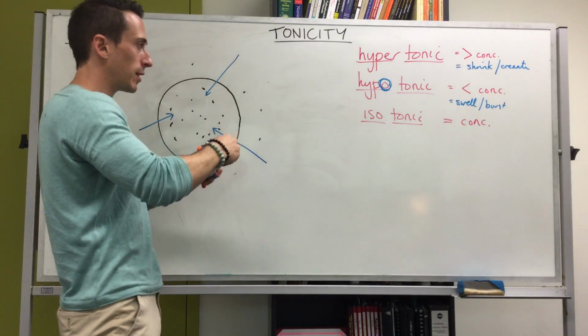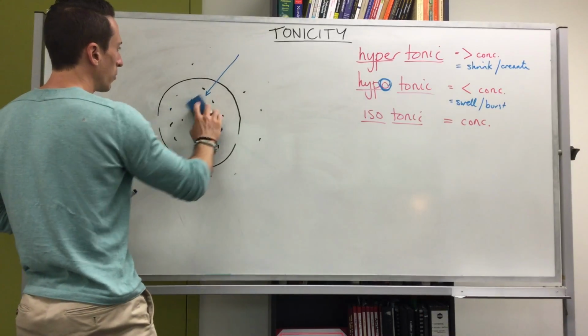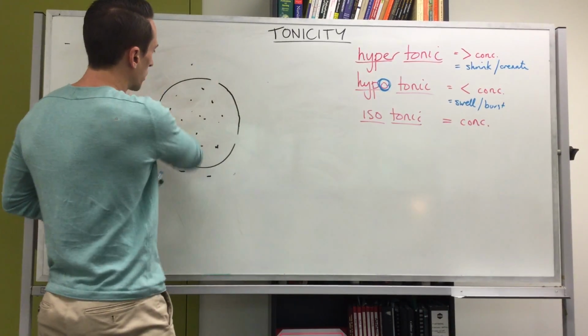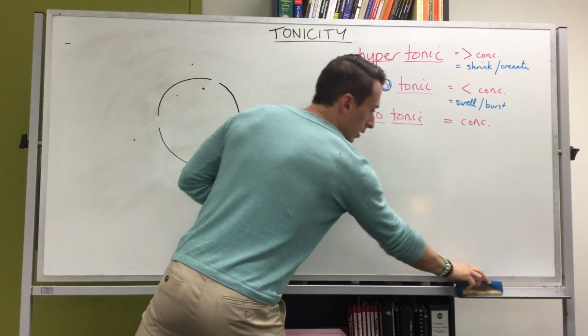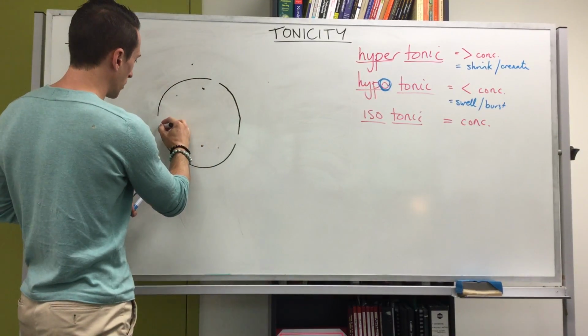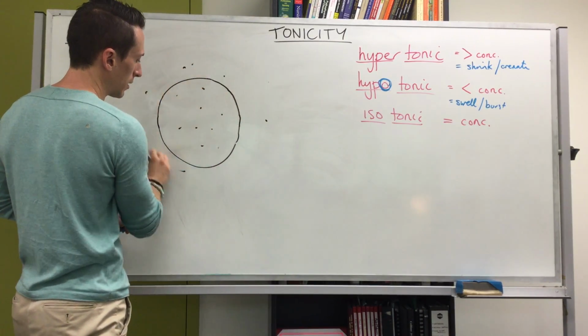What if a cell is placed in an isotonic solution? Well, iso means same, which means if you were to calculate the concentration of particles inside the cell compared to the concentration of particles outside the cell, they would be exactly the same.